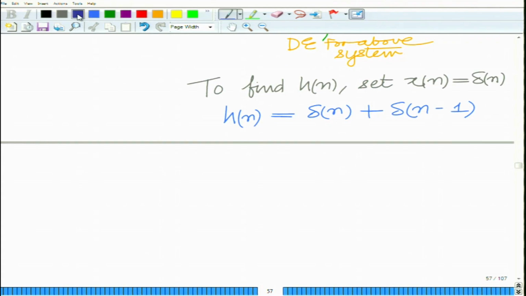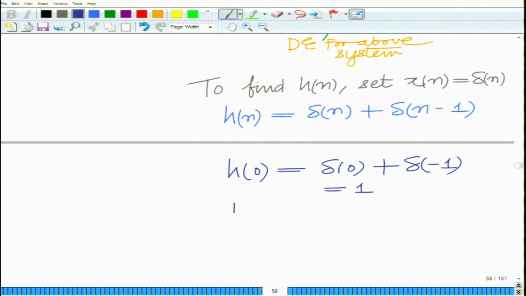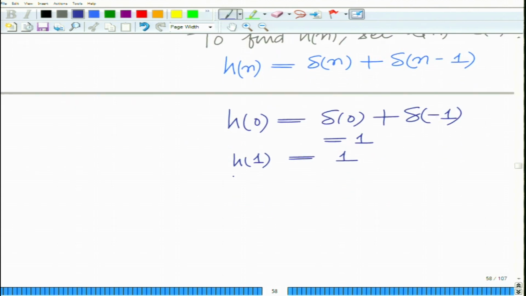Now, you can see h[0] equals delta[0] plus delta[1] equals 1. Similarly, h[1] equals 1, and h[n] for all other n is 0, for n not equal to 0 or 1.